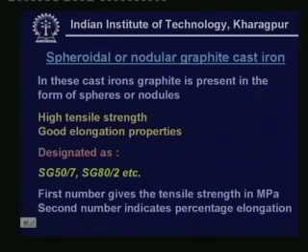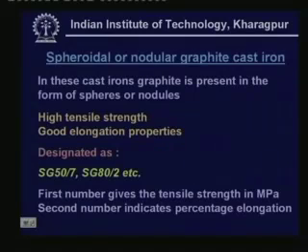Now we come down to spheroidal or nodular graphite cast iron. In these cast irons, graphite is present in the form of spheres or nodules.